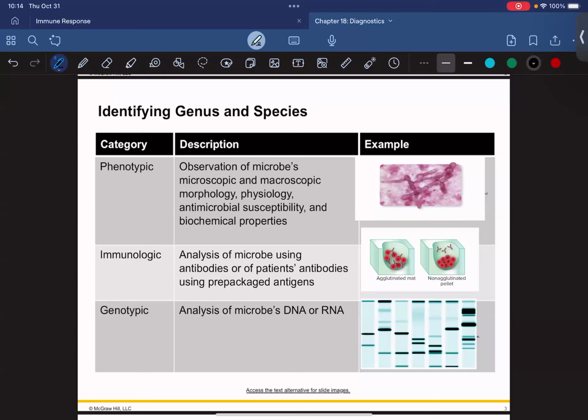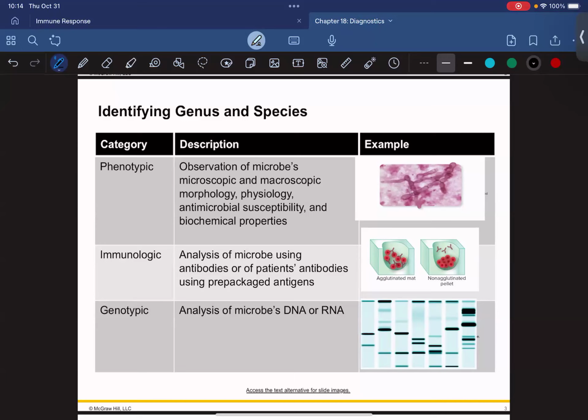All right, so this is our little chart of essentially what our tests are going to be targeting. Here we're saying phenotypic being things that are observable. This is going to be our color changes, our physiological responses, our biochemical tests, and things like we're doing in our lab with our bacteria. We also have immunological. That's always associated with antibody or antigen response.